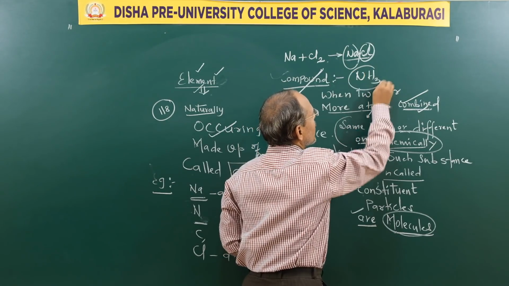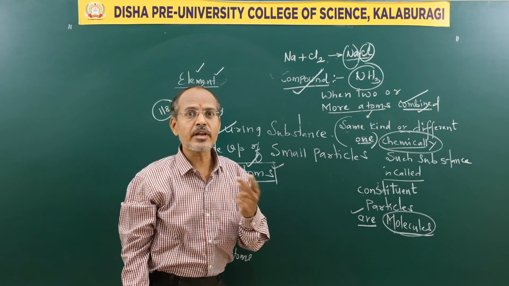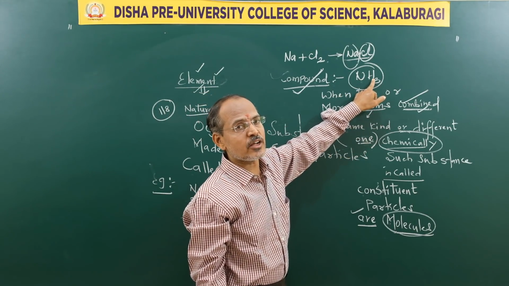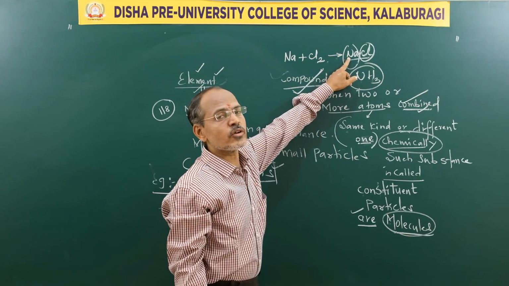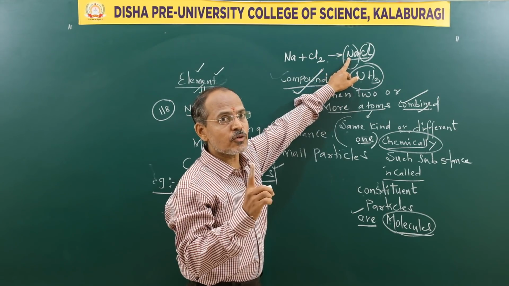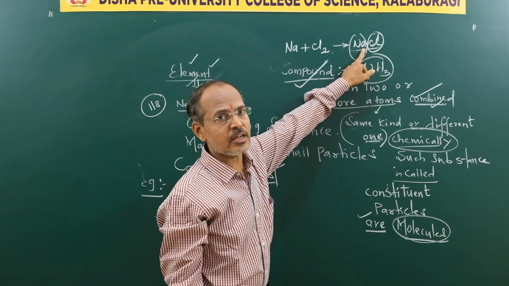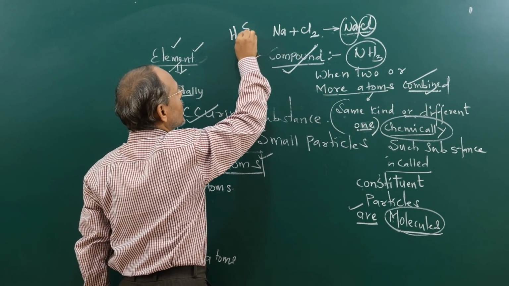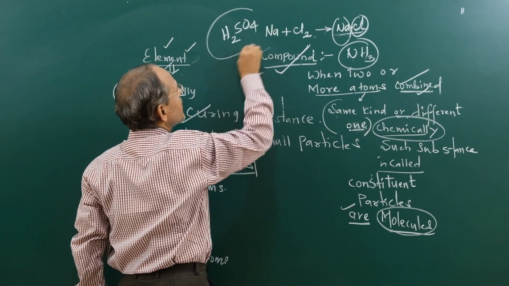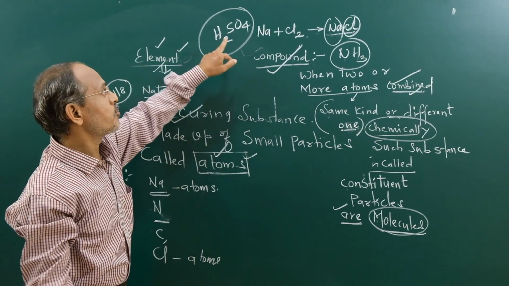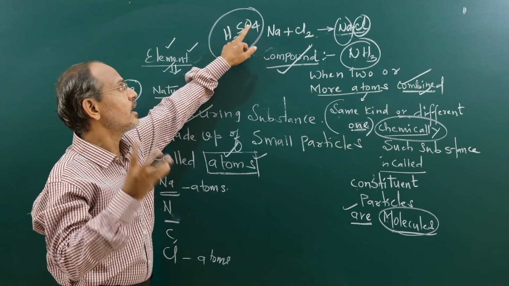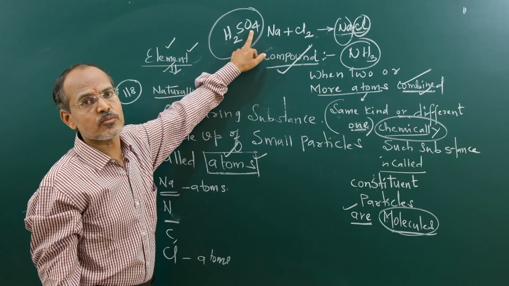NH3, ammonia molecule, because it is made up of 1 nitrogen and 3 hydrogen atoms. Here sodium chloride is made up of 1 sodium atom and 1 chlorine atom. Like that, I can take one more example, sulfuric acid. It is made up of 2 hydrogen atoms, 1 sulfur atom and 4 oxygen atoms.